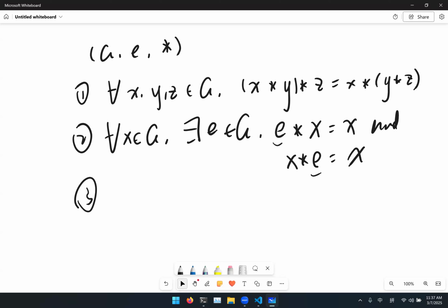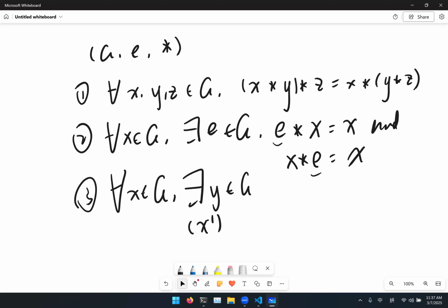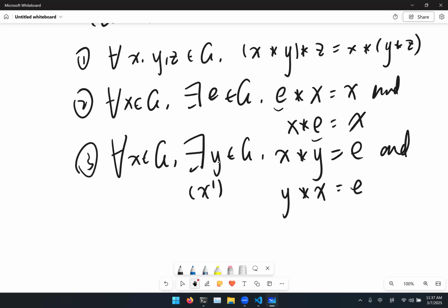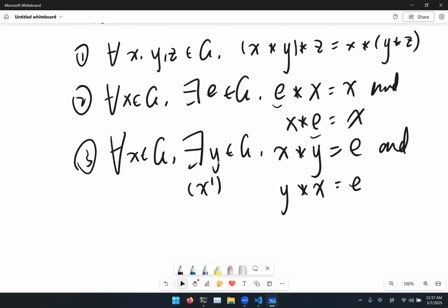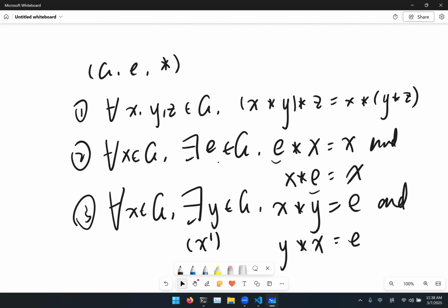And the third one you need to follow is the existence of inverse. For arbitrary x in G, there exists a y in G, we call it x inverse, such that x multiply y equals E and y multiply x equals E. In the same manner, we call y both the left inverse and the right inverse of x, which finishes the definition of a group.